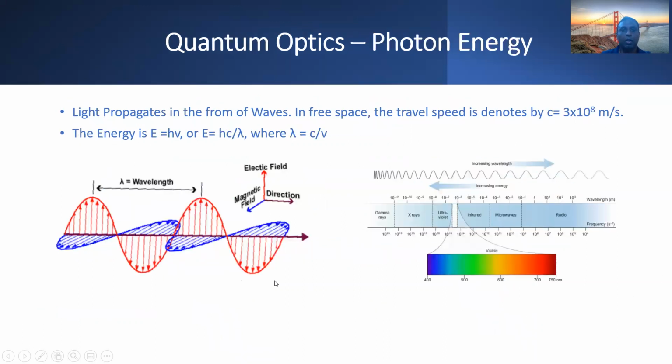All right. Photon energy. Light propagates in the form of a wave. In free space, the travel speed is denoted by c equals 3 times 10 to the power 8. The energy is E equals hv, where h is the Planck constant, right? And v is the frequency. It can also be written as E equals hc over wavelength, where wavelength is given as c over v.